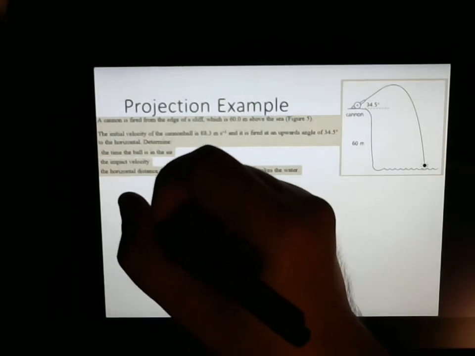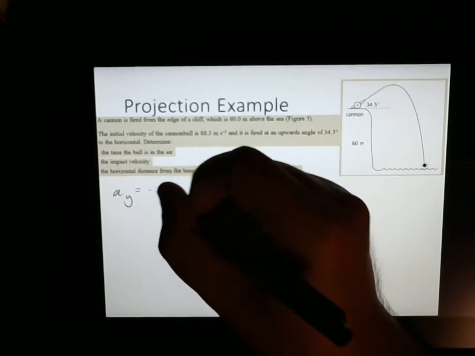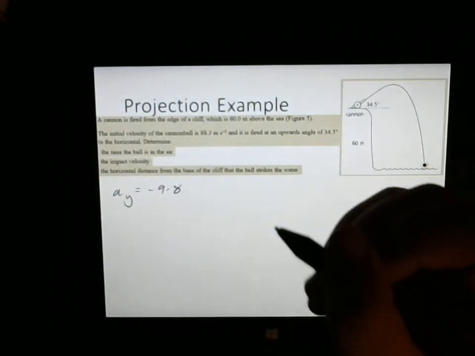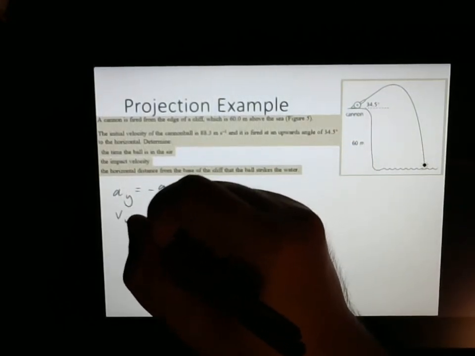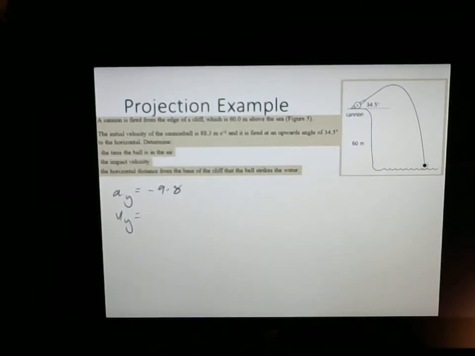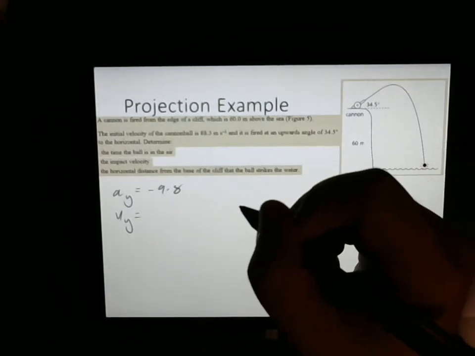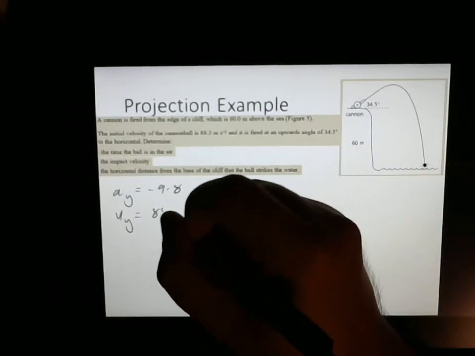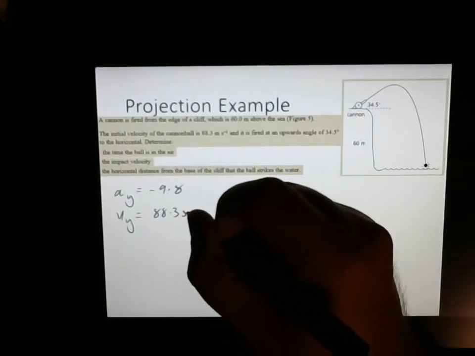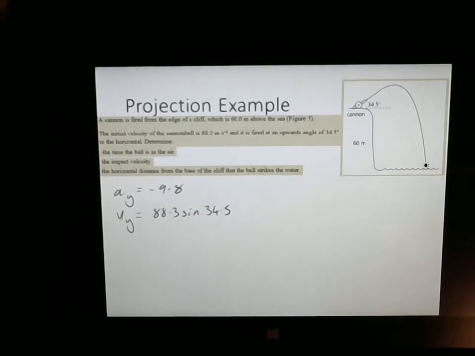We know that it has an a in the y direction equal to negative 9.8. We know its initial velocity in the y direction, sorry, that should be a u, its initial velocity in the y direction, and we've seen in previous videos, so I'm just going to skip straight to the answer for it, is going to be equal to 88.3 sine of 34.5, and it's positive because it's going up.